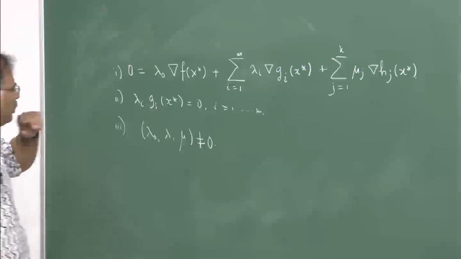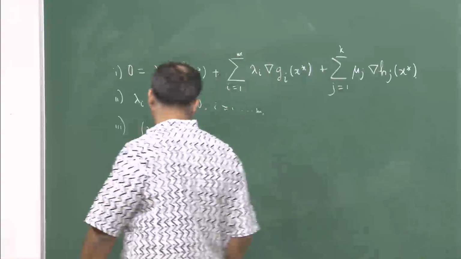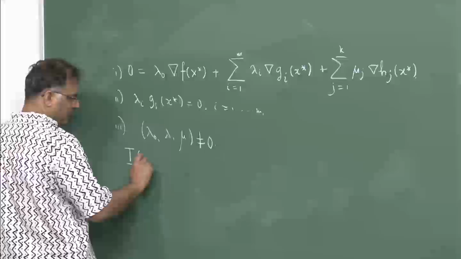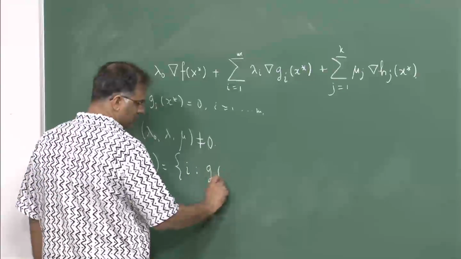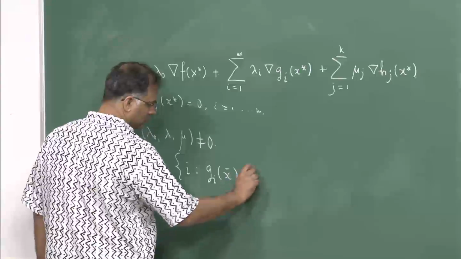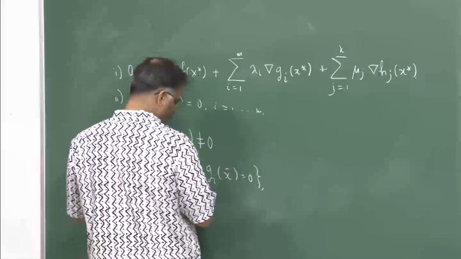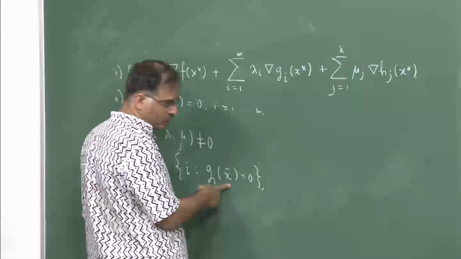Now, I know that if i is not in the active index set, which we have already mentioned before, that is, i is some index between 1 and m, and we take all those indexes for which g i x bar is equal to 0.